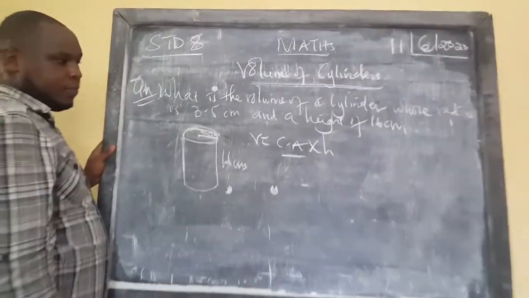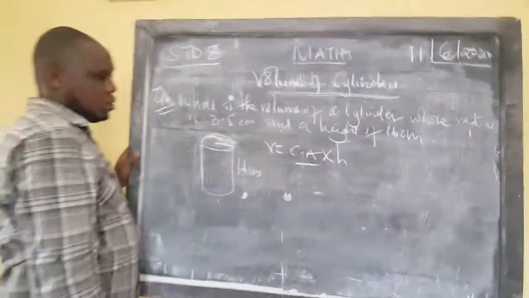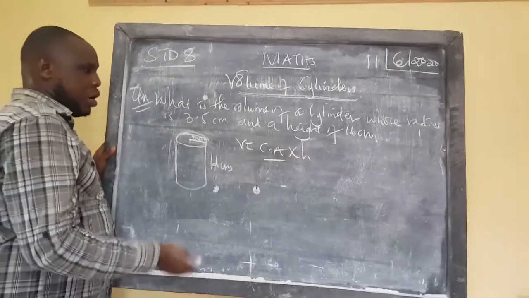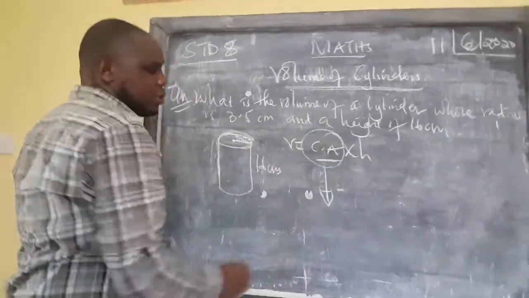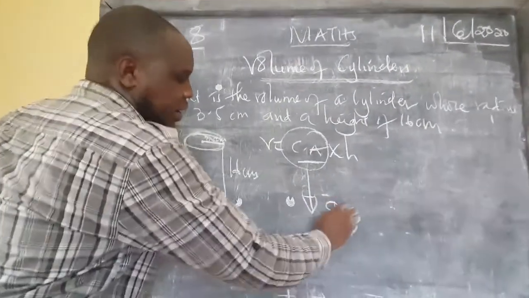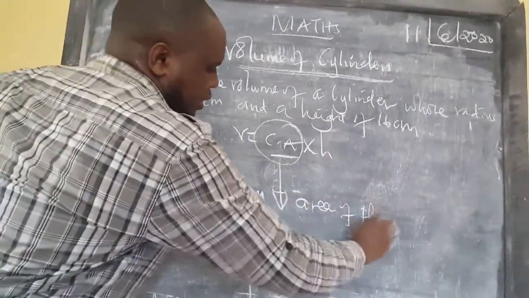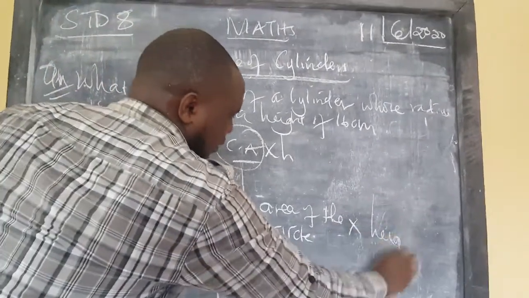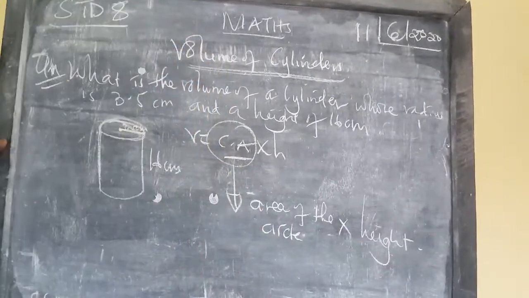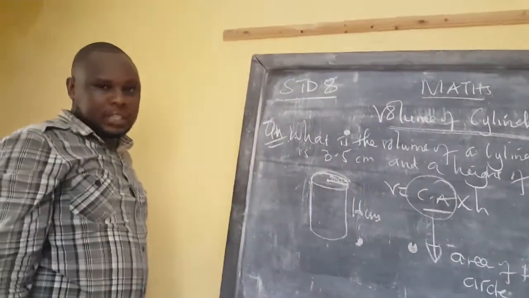The cross-sectional area we're talking about is given by the area of the circle. So our cross-sectional area is always the area of the circle.